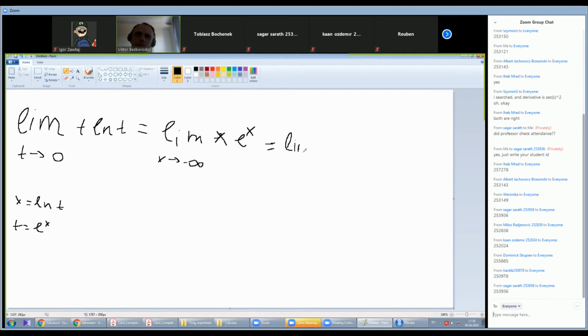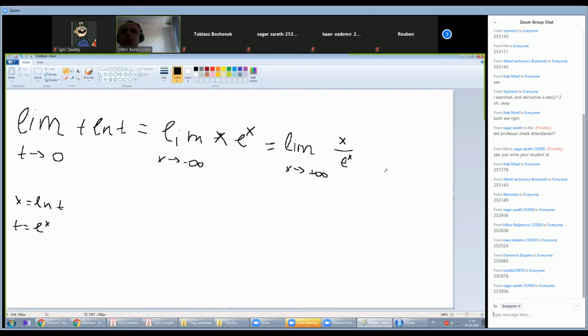I think we discussed it, right? So you can just think about it this way. You can replace x with minus x, and then it's going to be x e to the minus x, right?